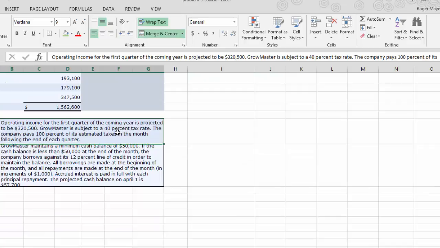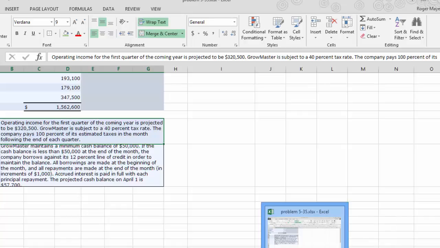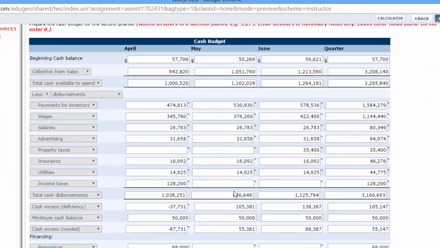We do have the fact that we are estimating income, and we're going to have a 40% tax rate, and they're paid the month following the end of the quarter. So what we would be looking for here, in terms of our income taxes, is that it's going to be paid at the beginning of the quarter for the prior quarter.